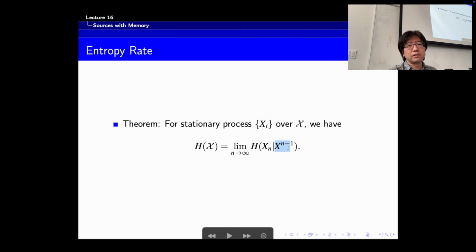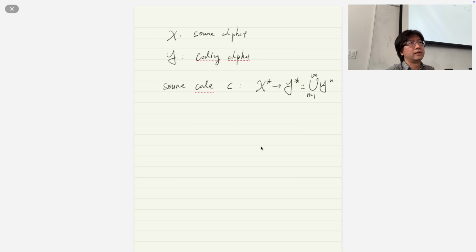It's based on what we have seen previously, and then we encode the next symbol. Remember, this guy will be less than or equal to the entropy rate over n, and the entropy rate is H(X^n). H(X^n) can be understood as a block code: just take n symbols and code them together.